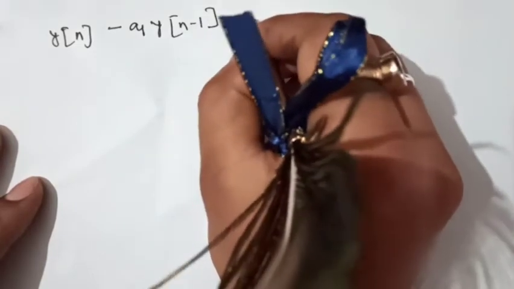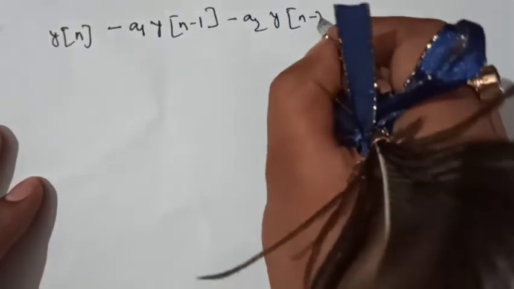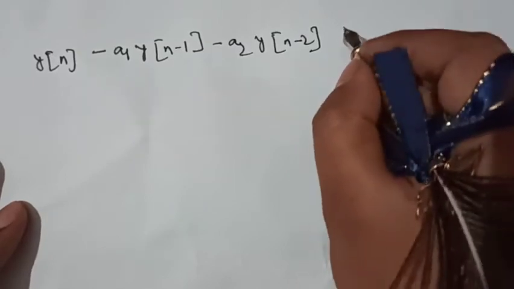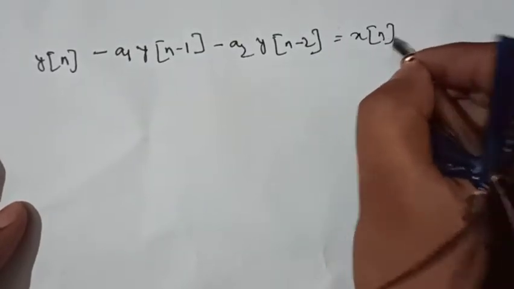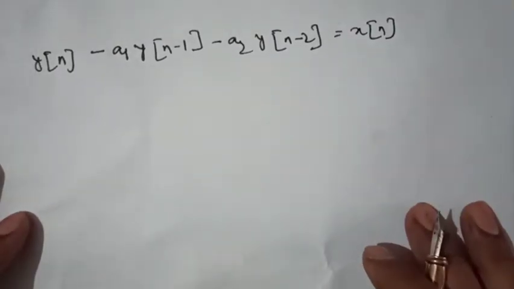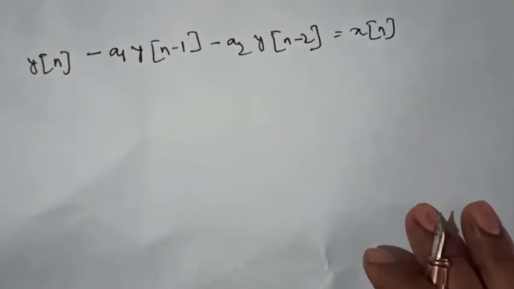Similarly, you can go for the frequency response analysis of your discrete time second order system. So your second order system is of the type y of n minus a1 y of n minus 1 minus a2 y of n minus 2 is equal to x of n. This is your second order feedback system, where again you can apply the DTFT directly on both sides.